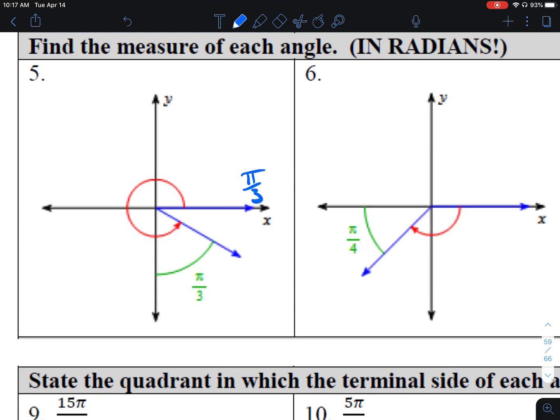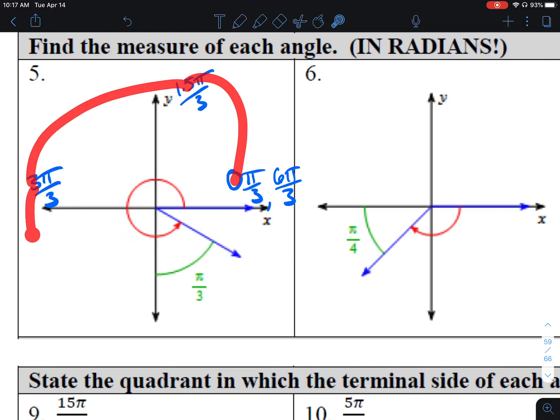So we got 0 pi over 3 here at the beginning. A complete revolution is 6 pi over 3 because that reduces to 2 pi. Halfway around is pi, or 3 pi over 3. Halfway between 0 and 3 is 1.5 pi over 3.